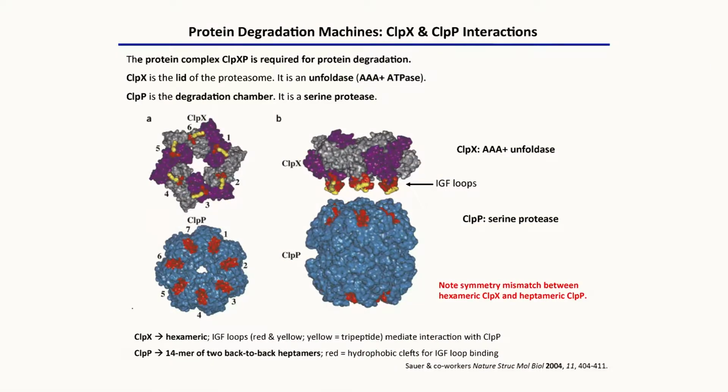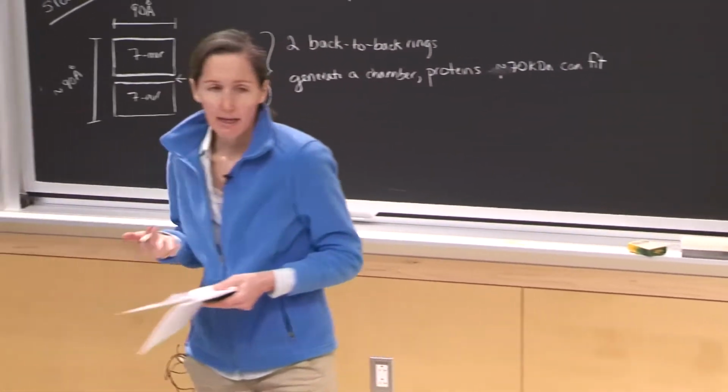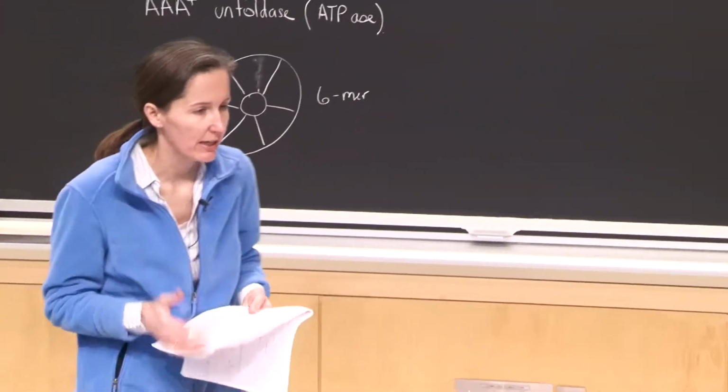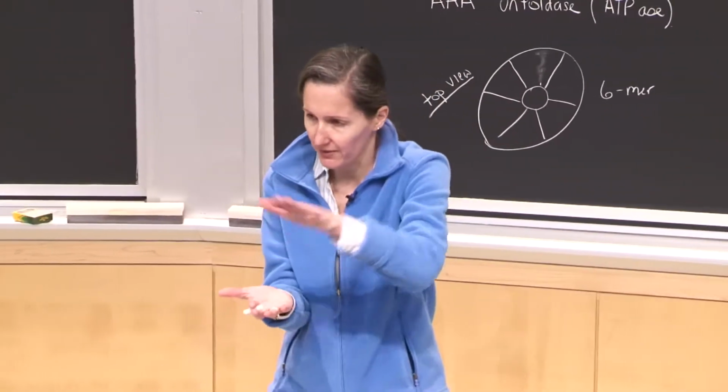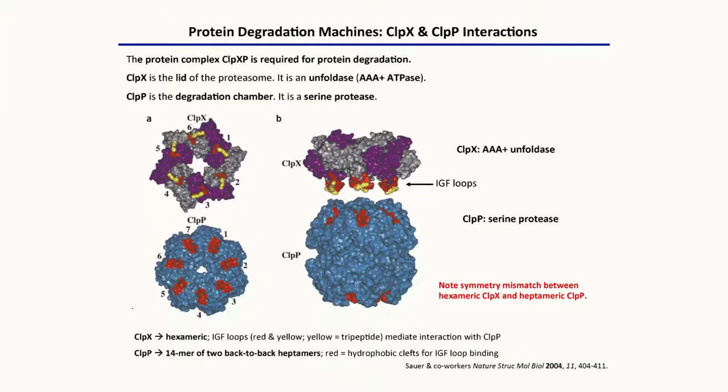In this particular depiction, what we're seeing are the top views and the side views. So here we have ClpP, here we have ClpX. And what we want to ask is, how is it that ClpX binds to ClpP? And how is this mismatch in the number of subunits accommodated? It's not that one subunit is going to interact precisely with one, because we have 6 in ClpX and 7 in ClpP.